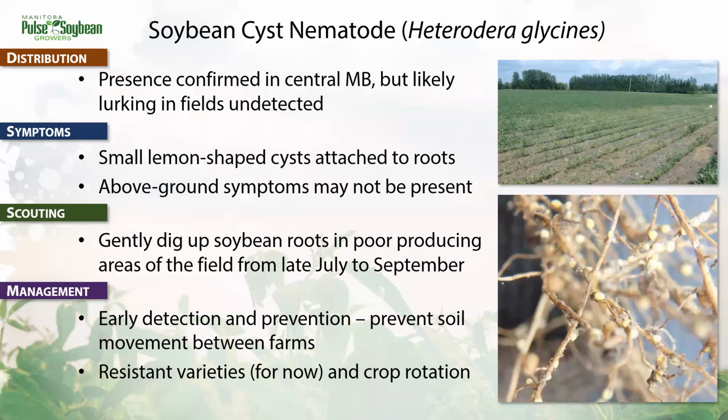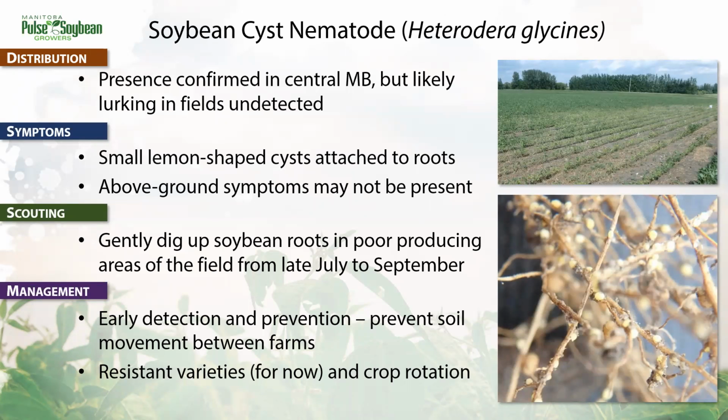So in summary, SCN is here, and it's also probably lurking in many fields undetected. We do need to be gently digging up roots in mid to late summer from those poor yielding areas of the field to look for those cysts. Early detection and prevention are going to be key, and let's think about soil movement to limit the spread of soil-borne pests.